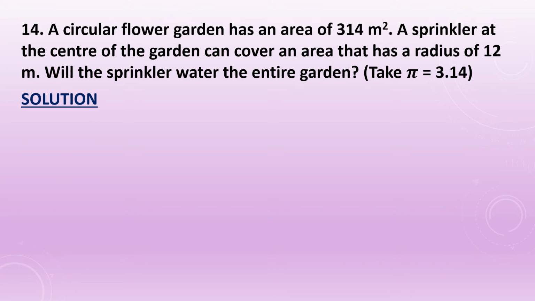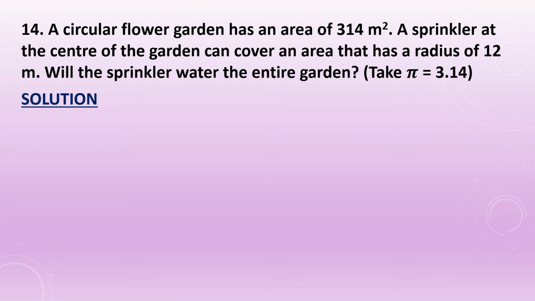Yes, a circular garden whose area is 314 meters square is given. Sprinkler is kept at the center of the garden, which spreads water in a radius of 12 meter. That means it covers an area whose radius is 12 meter.